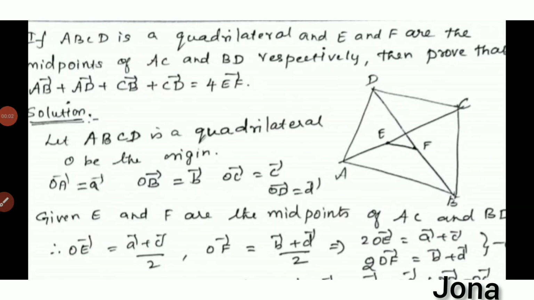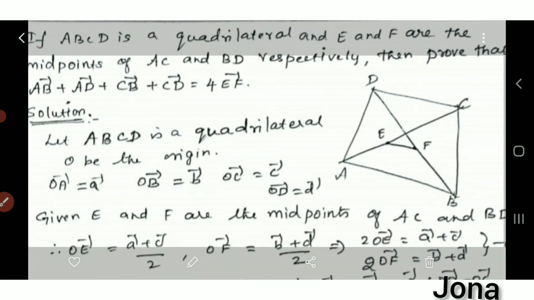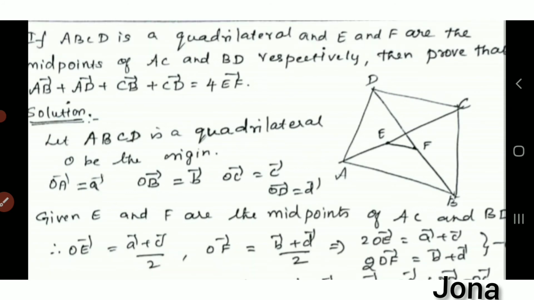12th sum. If ABCD is the quadrilateral and E, F are the midpoints, E is the midpoint of AC and F is the midpoint of BD.